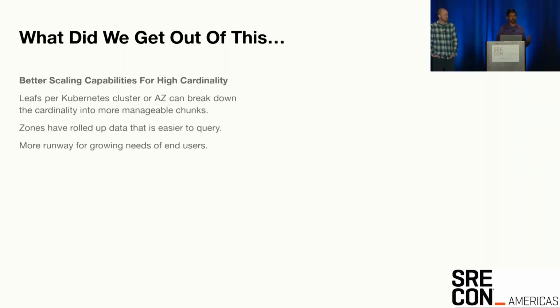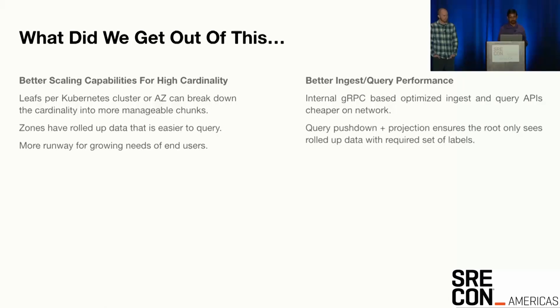And with the help of query projection and pushdown, we can do a scatter gather in a very intelligent way and gather a minimal number of series that is required to do the actual query. So we were able to get better ingest and query performance.